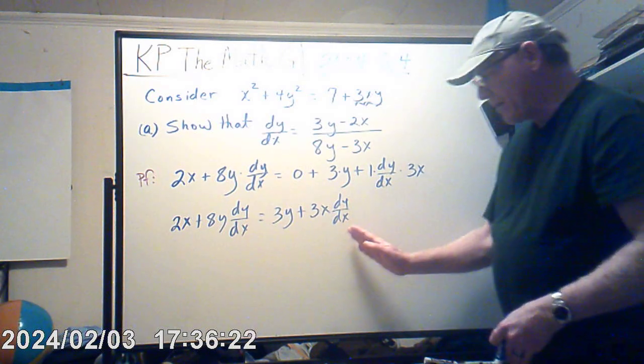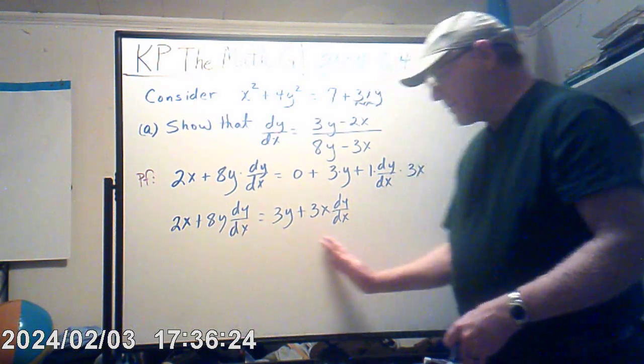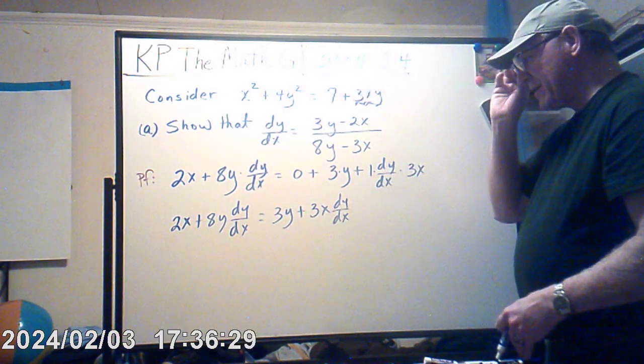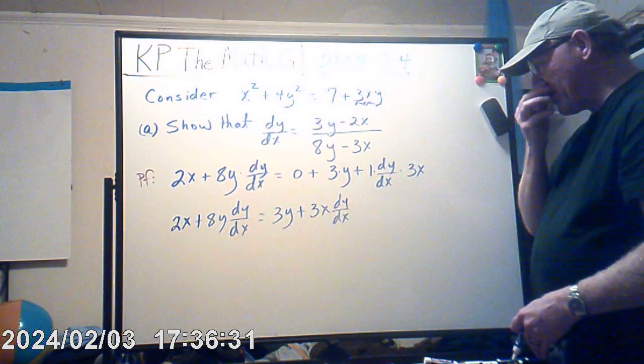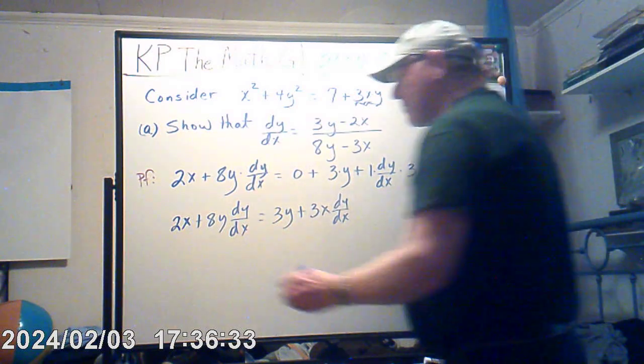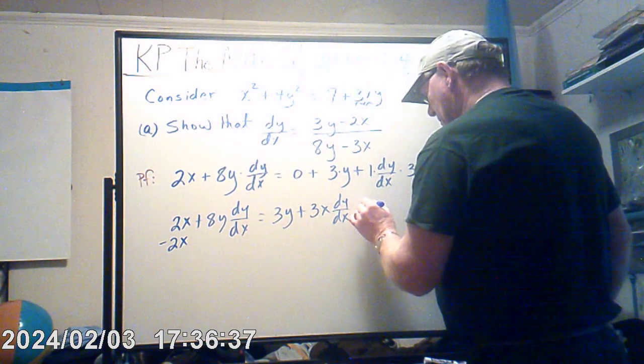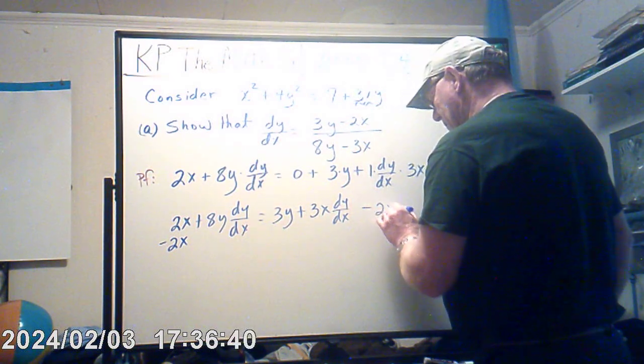You got it. We've got to get our dy over dx terms on one side, and our x terms on the other side. So let's see, it's looking pretty good so far. Let's go ahead and move this over here, minus 2x. So let's just put it up here, minus 2x.